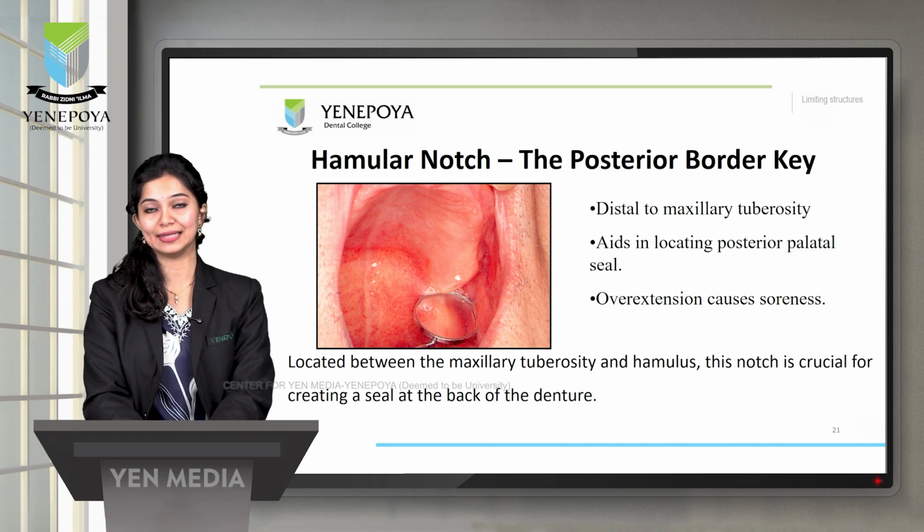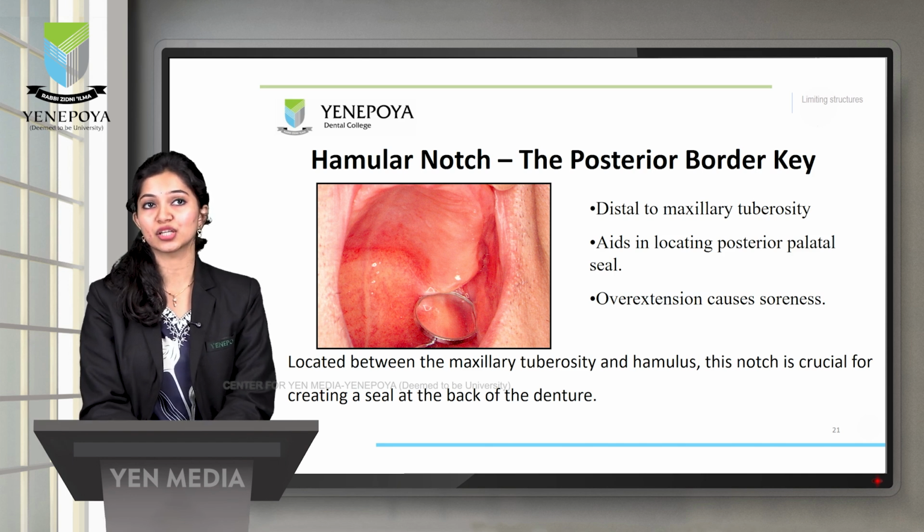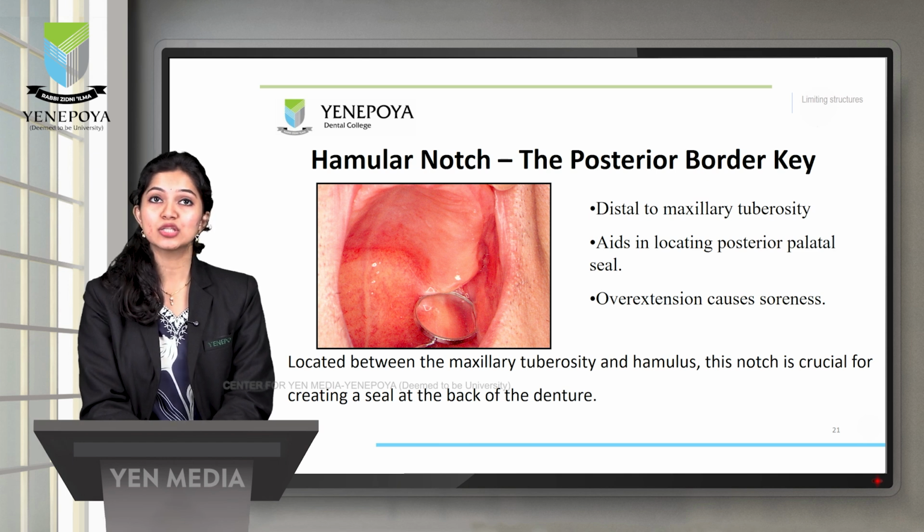Now this is one of the important landmarks. It is a structure which is distal to the maxillary tuberosity. As you can see where the mirror is pointing in the picture, that is aiding in locating the posterior palatal seal area. And one must not overextend your dentures or your impression, because if your impression is overextended, your denture also becomes overextended. So overextension causes soreness.